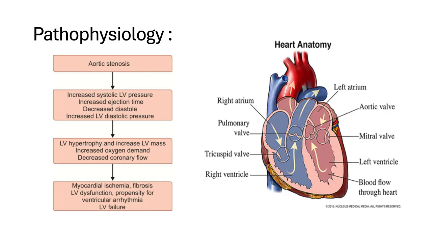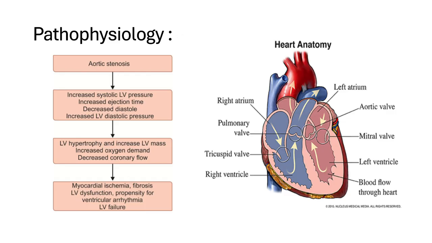So, due to decreased coronary flow reserve, the patient will be presenting with myocardial ischemia symptoms. Also, the heart will have a propensity for ventricular arrhythmias due to this myocardial ischemia and fibrosis.